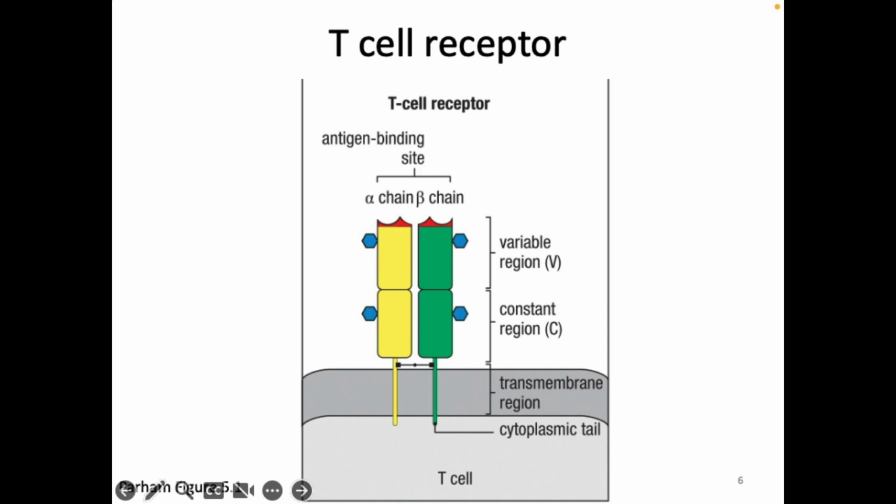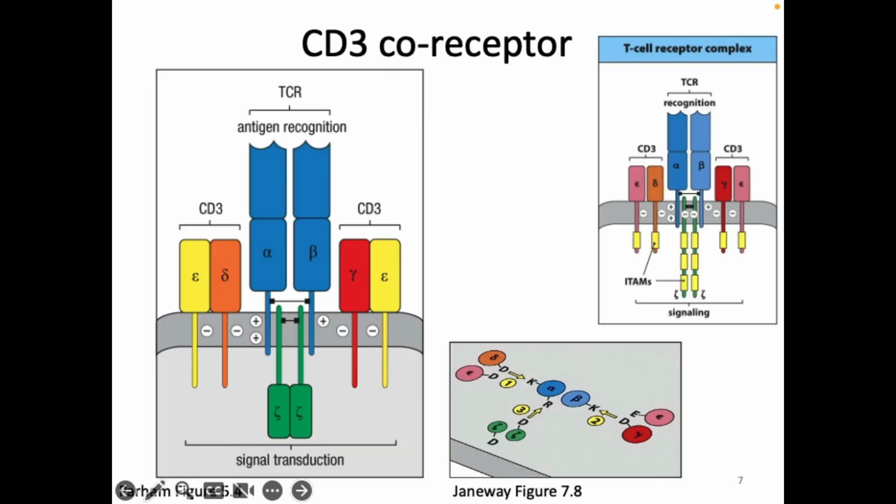The way that the T cell receptor solves these two problems, just like with the B cell receptor, is that it travels with some partner proteins. One of these partners is something called CD3.